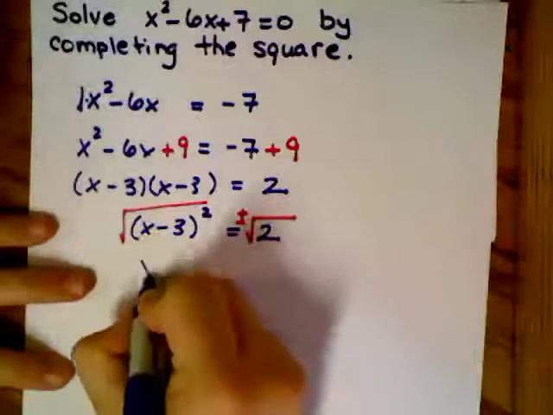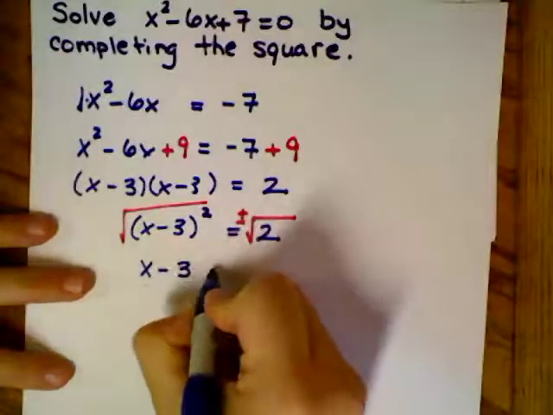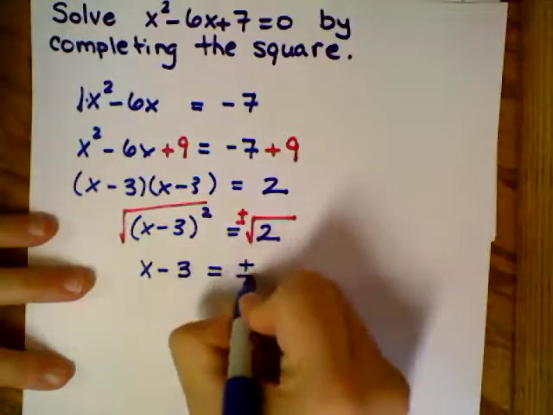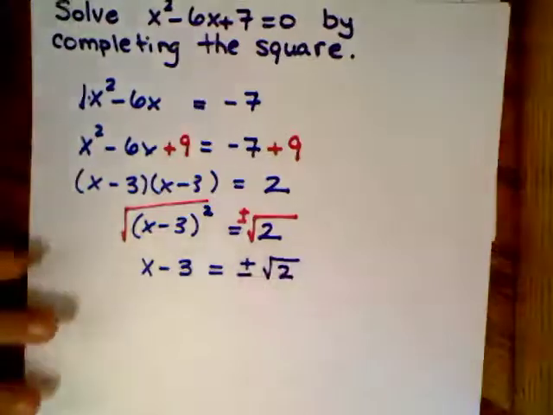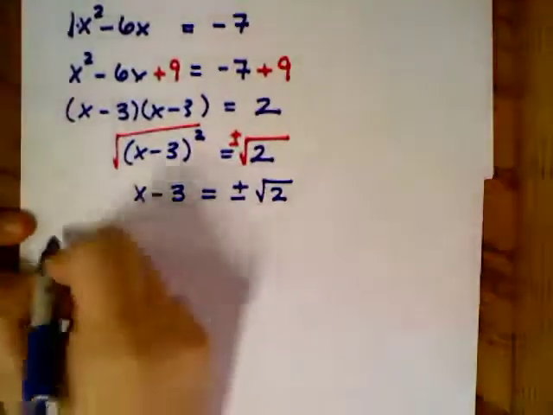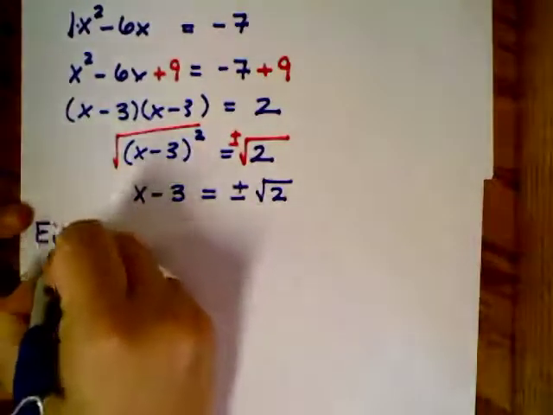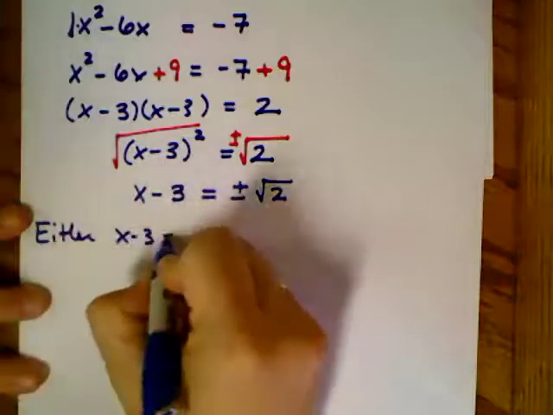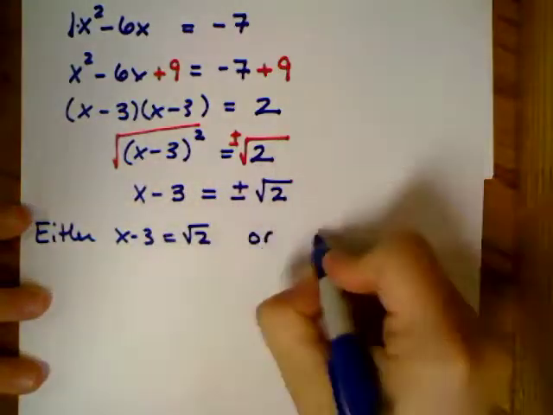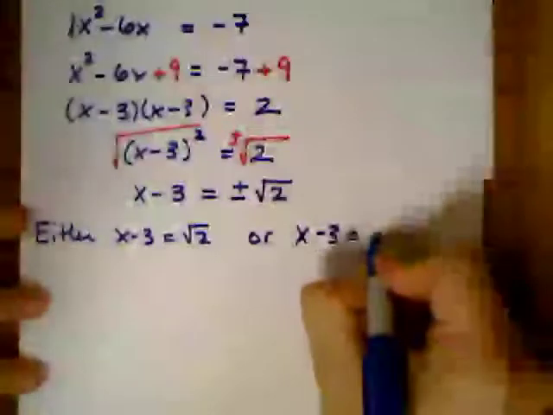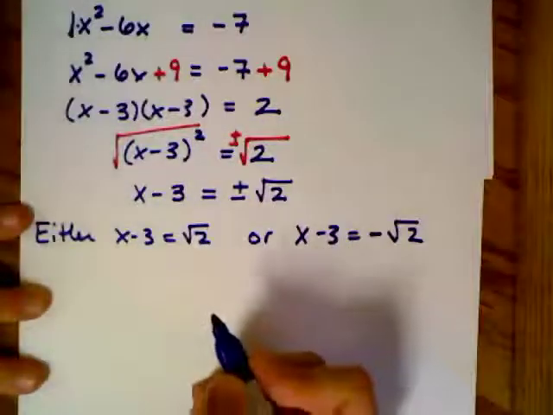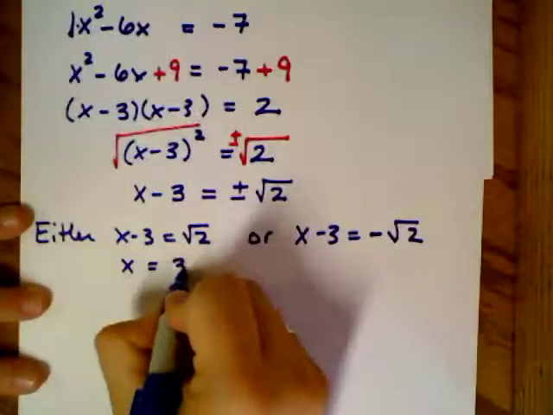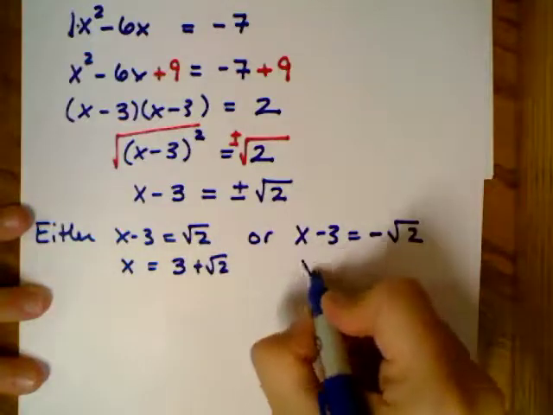So simplifying, x minus 3 equals plus or minus the square root of 2. So either x minus 3 is the positive square root of 2, or x minus 3 is the negative square root of 2. And isolating x, we get two solutions.